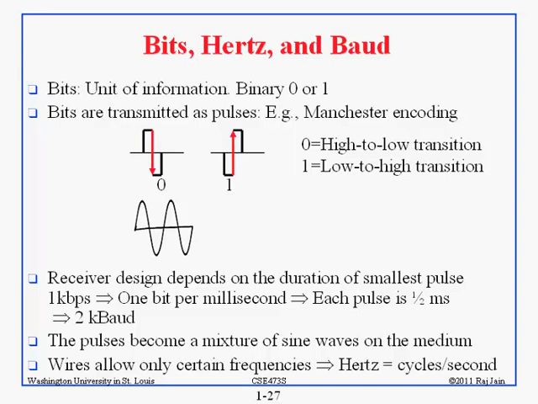So if the wire is designed for 4 kilohertz, anything more than 4 kilohertz will be blocked by the wire. And so you have to design your coding such that you can send 8 kilobits through a 4 kilohertz wire. Alright, how? You have to design it so that 2 bits require only 1 cycle. Right? Or 3 bits per cycle.